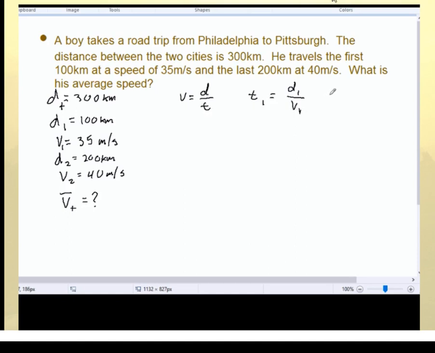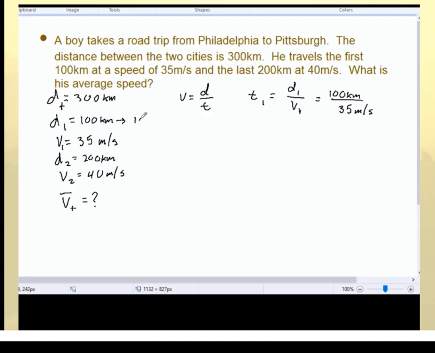So d1 is 100. And v1 is 35 meters per second. Oh, now I see a problem. My top units are in kilometers and my bottom units are in meters. So I could go over here and make everything in meters, and I could say that's 100 times the k means 1,000.